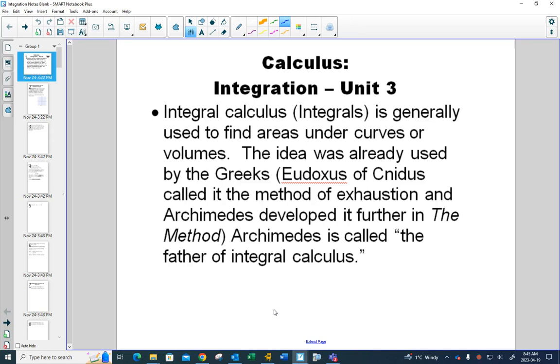Attributed to Archimedes, it's not great that it's called the method of exhaustion. You're like, oh great, this is going to be such a fun unit. But the idea is if you had some sort of weird shape that you didn't know how to do the area of. So you don't have a formula.